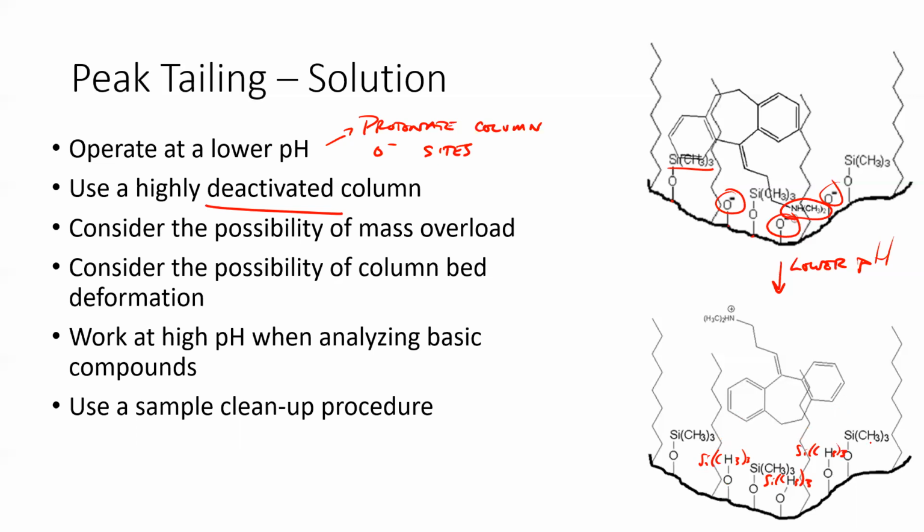And so you just go through and you add extra tetramethylsilane to it to react with all of those OH groups that are left over. And there are instances where you can do this in situ, where once you've run the column for a while and you've maybe stripped off some of these groups, you can apply a little extra TMCS, tetramethylchlorosilane, and then the chlorine goes away and it reacts with the oxygen.